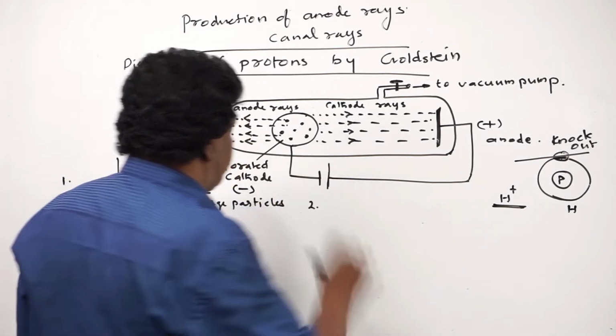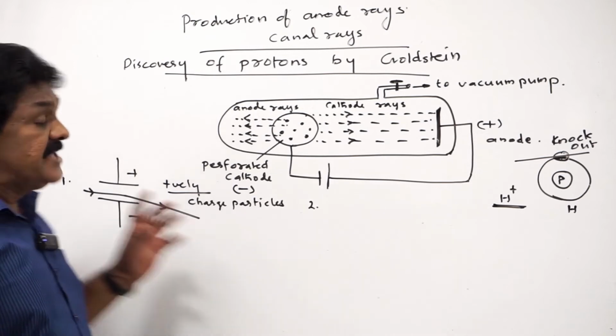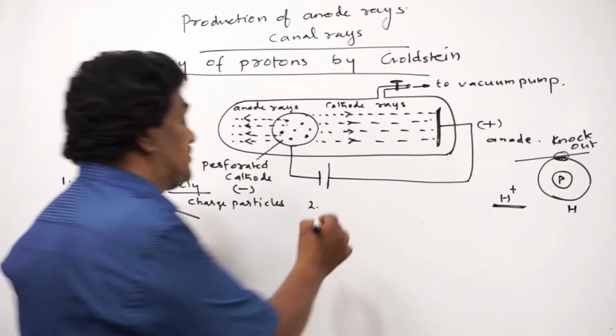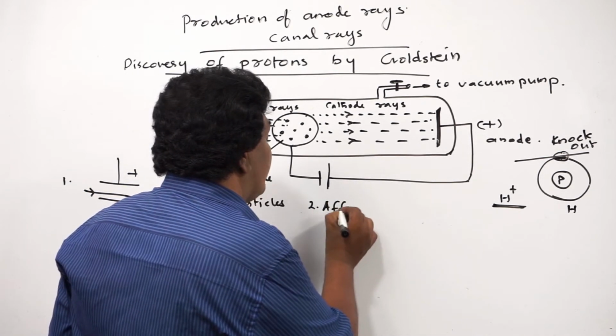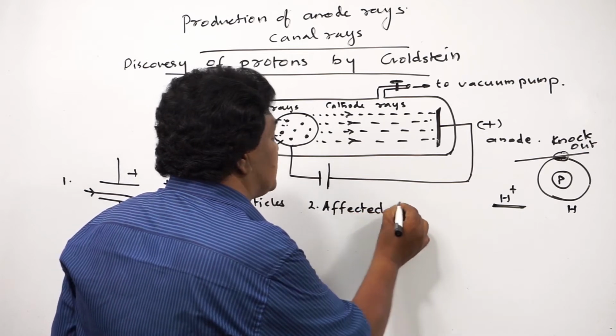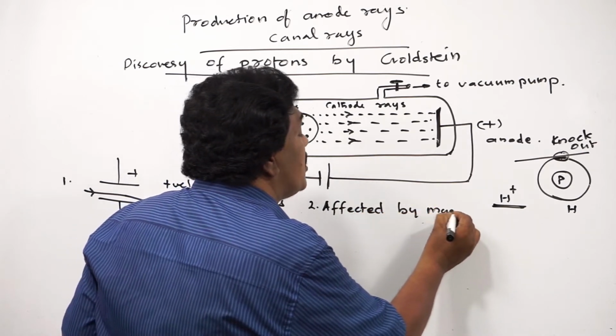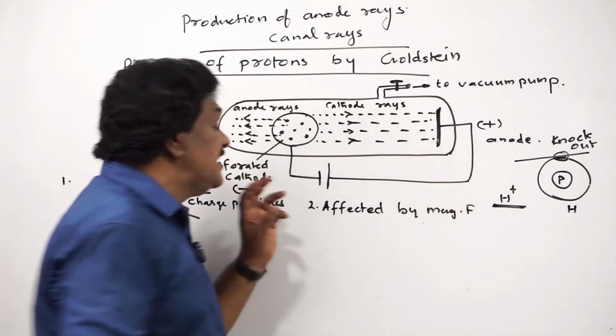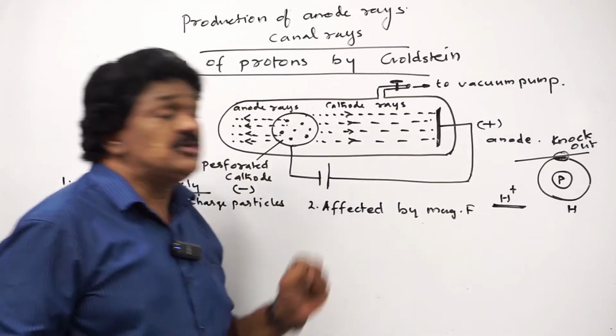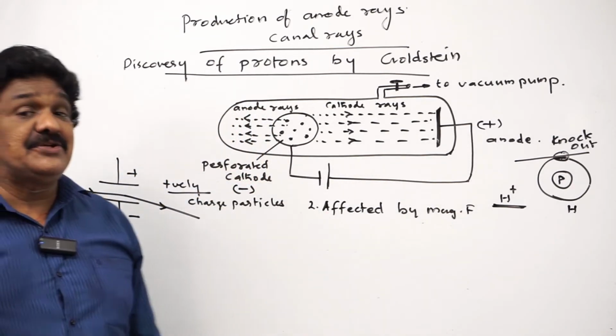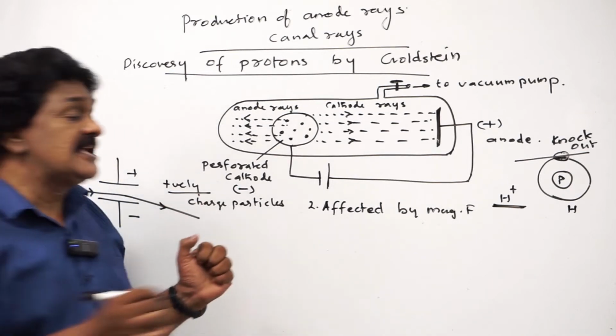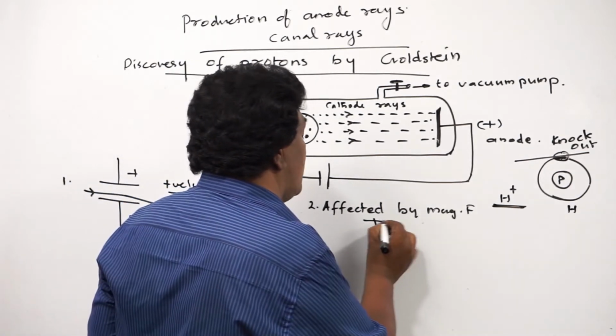Second point, they are affected by the magnetic field. Anode rays are affected by the magnetic field, and this effect of the magnetic field shows that anode rays contain positively charged particles.